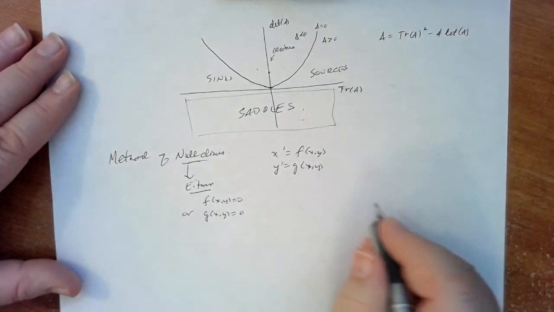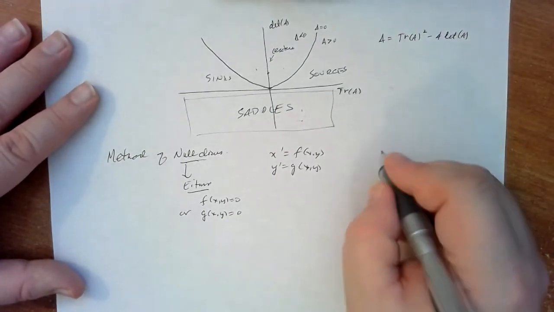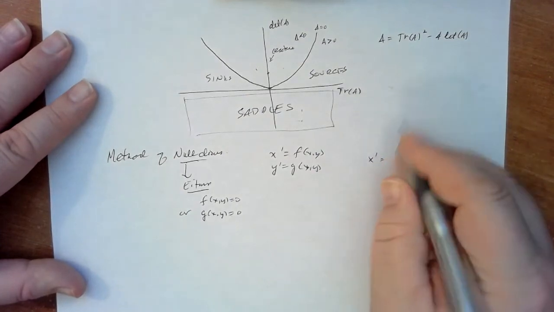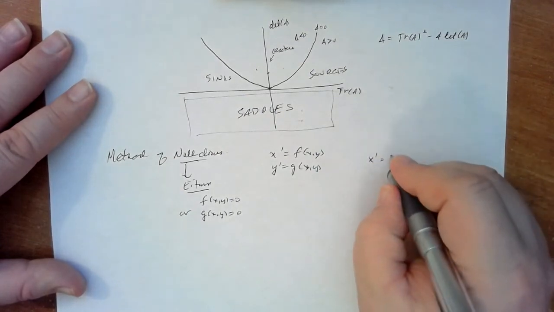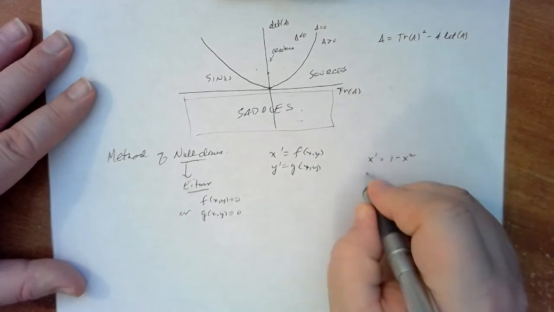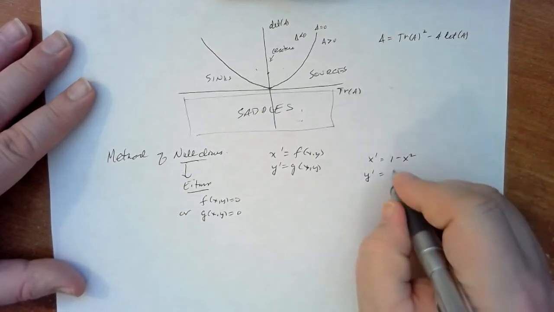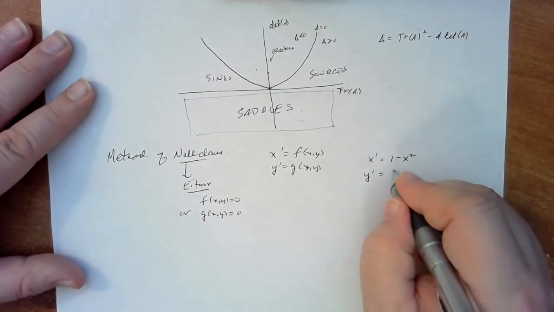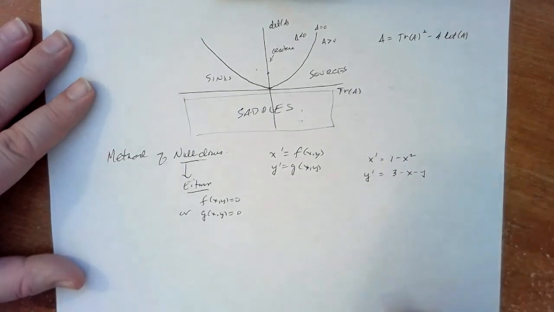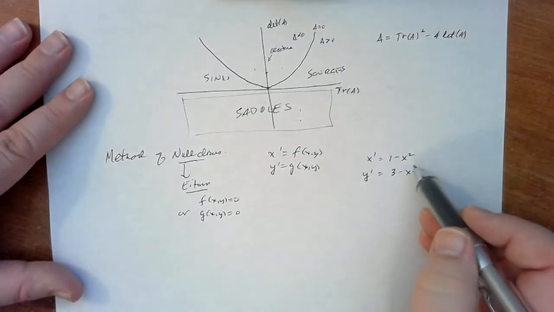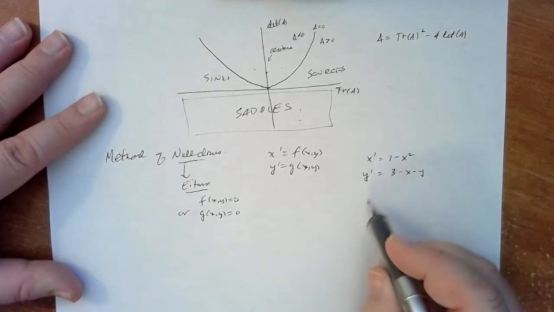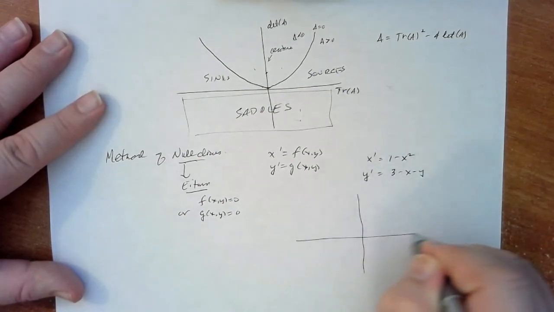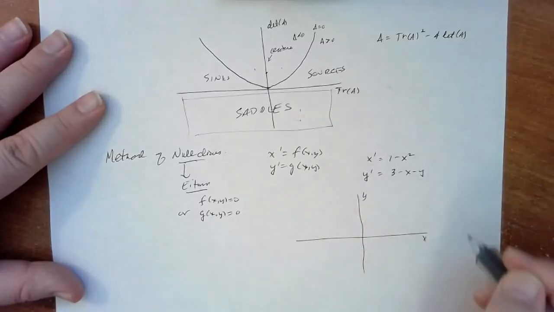Okay, so just as a quick example, suppose that x prime is equal to 1 minus x squared, y prime is equal to 3 minus x minus y. Then how would we find our nullclines in the xy plane?